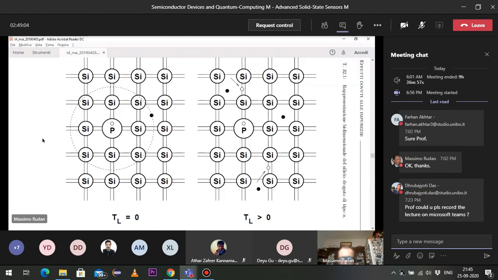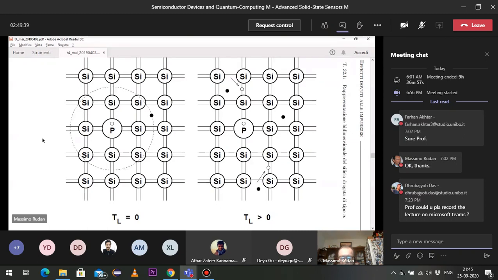If we now go to a temperature that is non-zero, as we observed before, some of the electrons of silicon will become free electrons, and these will also make some holes of the silicon atoms free to move in the crystal. So we have a formation of electron-hole pairs due to the silicon atoms.